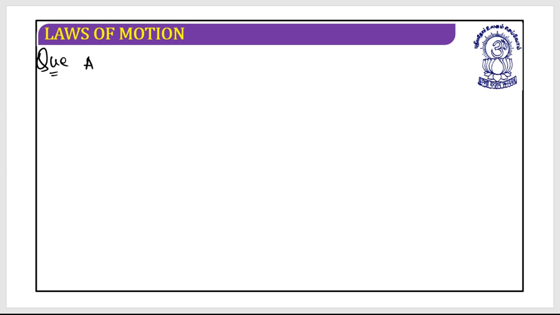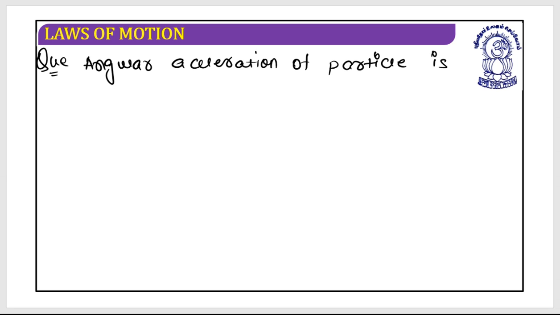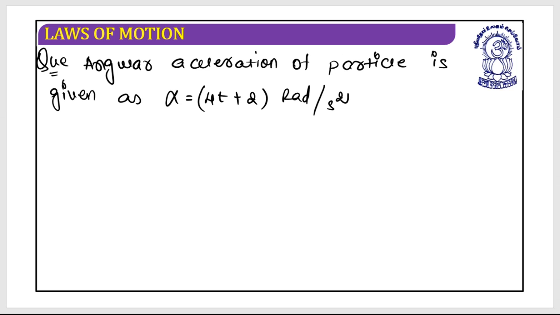That angular acceleration of a particle is given as alpha is equals to 4t plus 2 radian per second square.